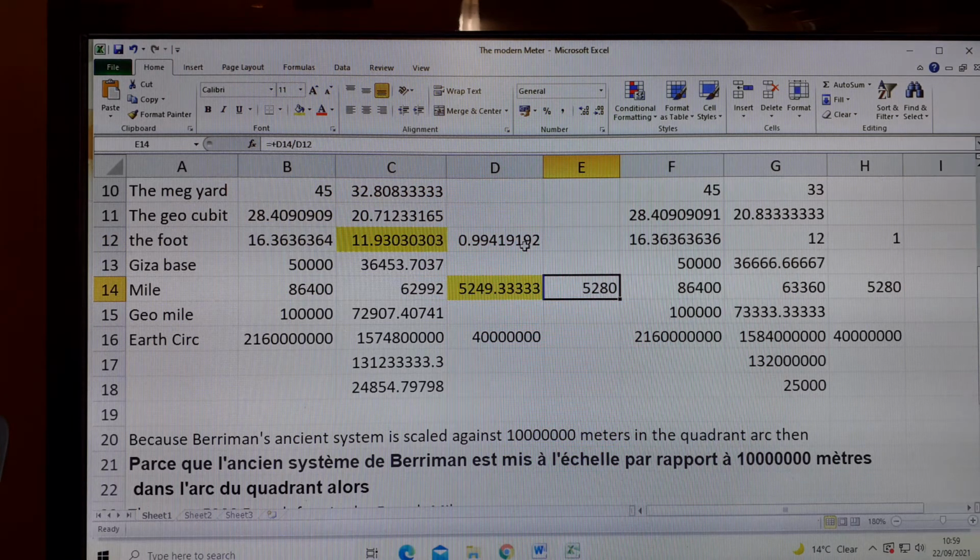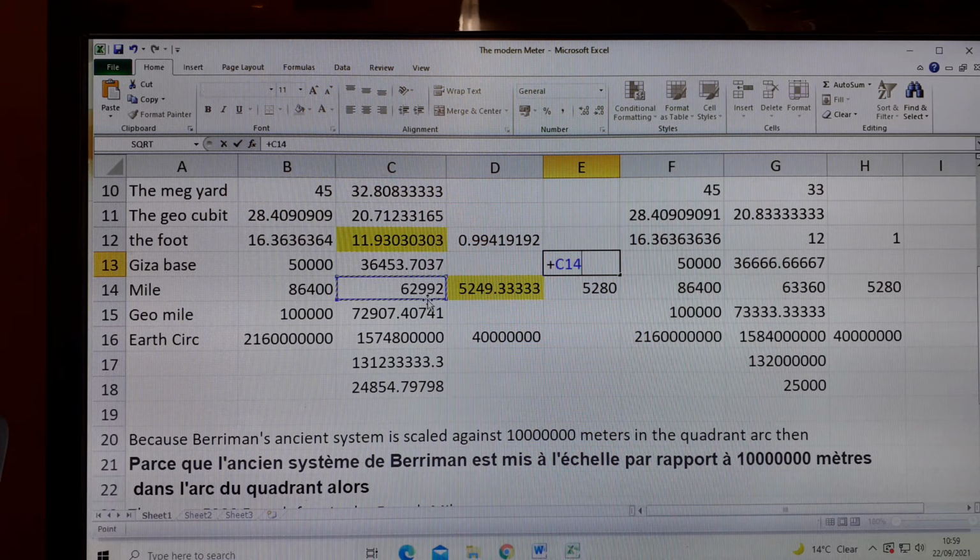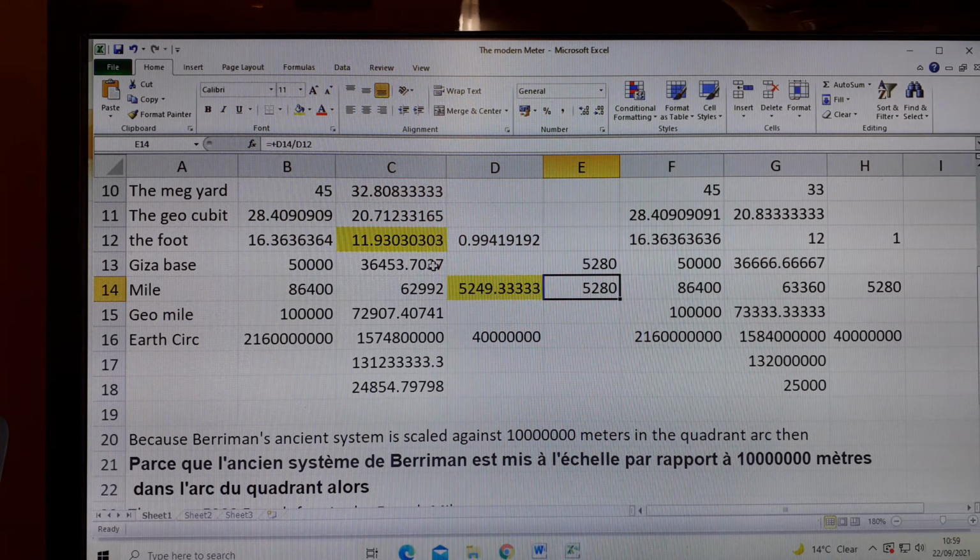So it's D14 divided by D12 is 5280. We'll get the same if we go now. This is something for French people to think about because they don't know this, and we can only find this by using the Giza model.